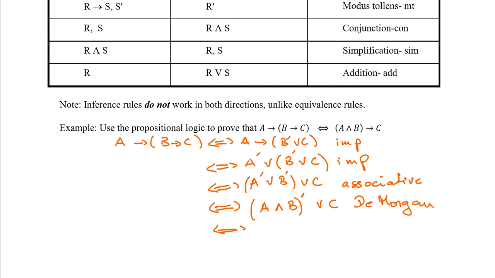This is also equivalent to, now back to implication, where the whole thing is: not R or S, if you remember, is equivalent to R implies S. And instead of R, I have A and B, so (A and B) implies C. Now we went from one side to the other with equivalence relationships, and that is the reason why we moved from one step to the other.